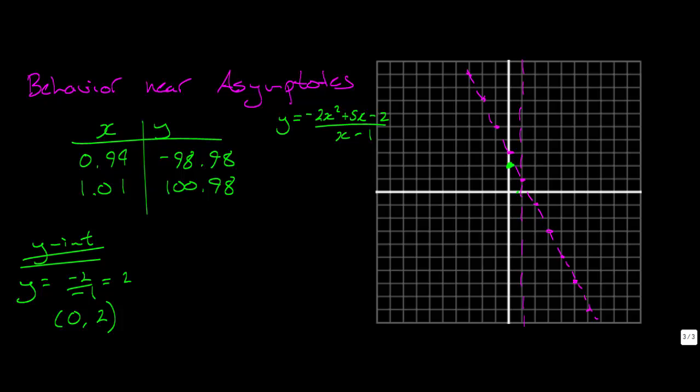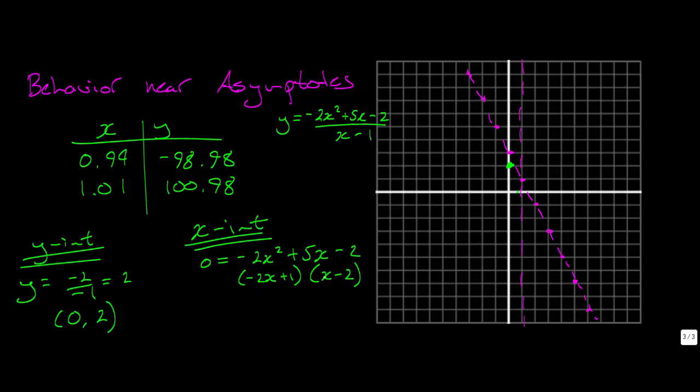Okay, next let's go and find our x-intercepts. In order to find the x-intercepts, all we have to do is consider our numerator and substitute 0 in for y this time. So this will give me 0 is equal to negative 2x squared plus 5x minus 2. And if you recall, we already factored this, and our factors were negative 2x plus 1 and x minus 2.